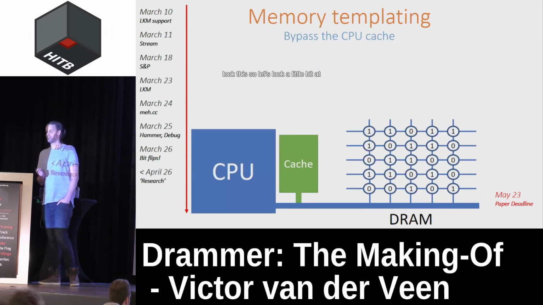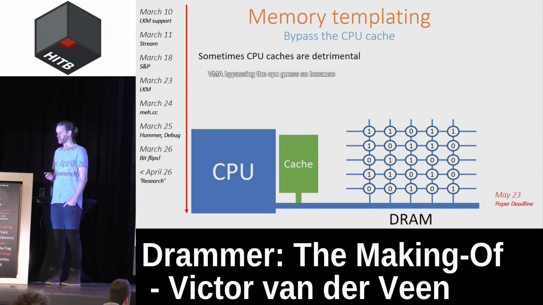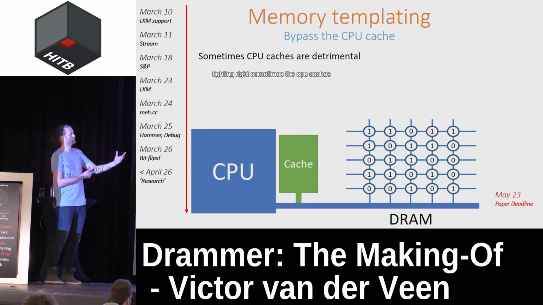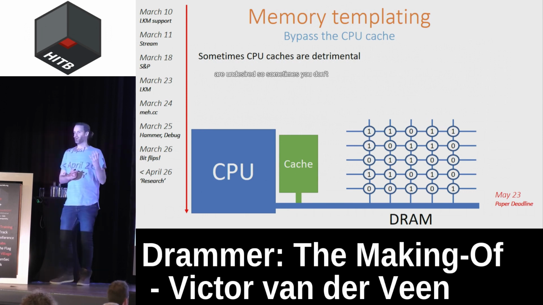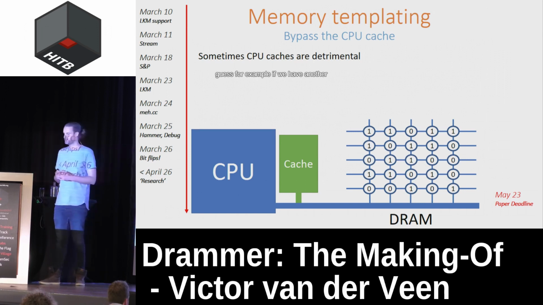So let's look a little bit at DMA, bypassing the CPU cache. Because this is the really big issue that we're fighting, right? Sometimes the CPU caches are undesired. Sometimes you don't want data to get stored in the CPU cache.